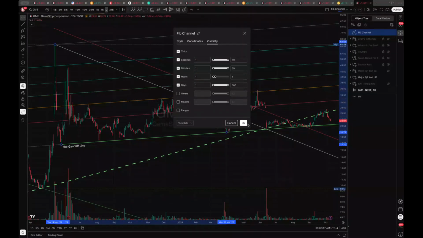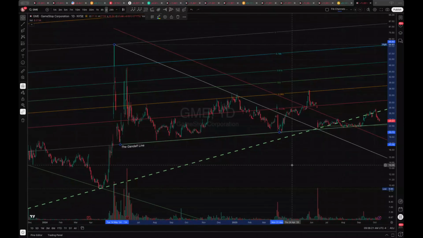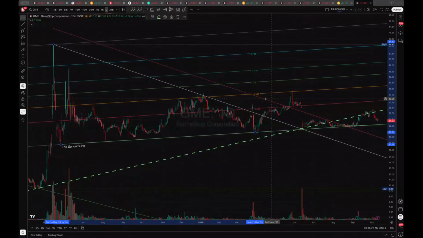There we go. So you can get a little bit of a picture there, but I lose some granularity here because we just haven't had much price discovery here, right?